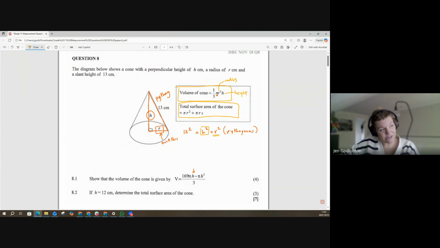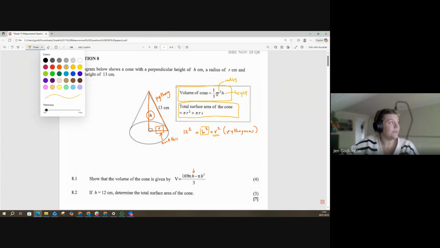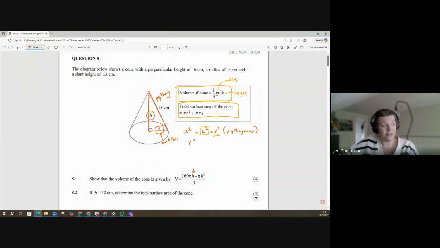We only need to know what r is. So we're going to isolate r. So we're going to say, okay, cool. Well, that means that r squared is going to be h squared minus 13 squared. Oh, sorry, wrong way around. So r squared is going to be 13 squared minus h squared. So this is what r is.